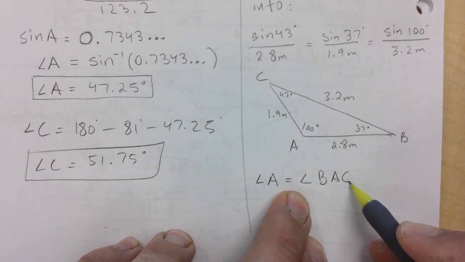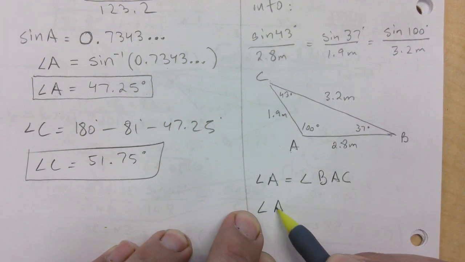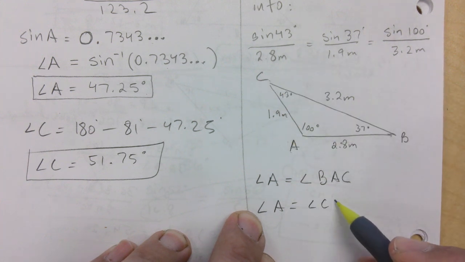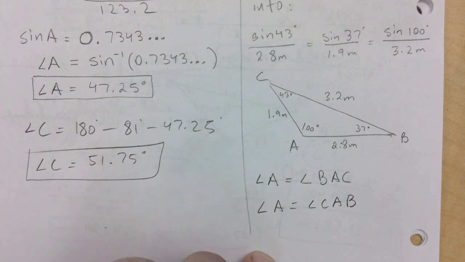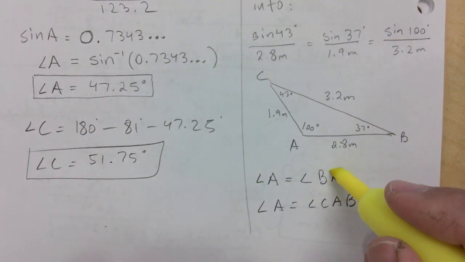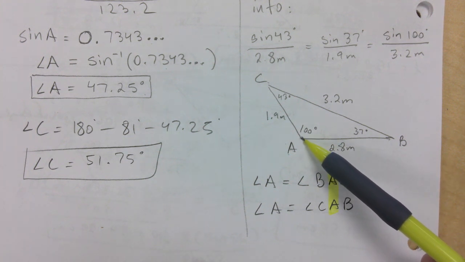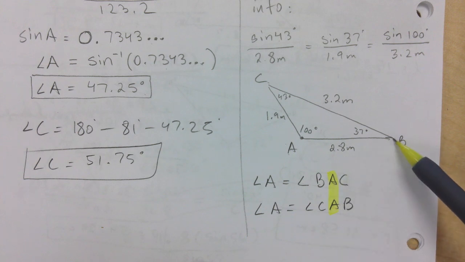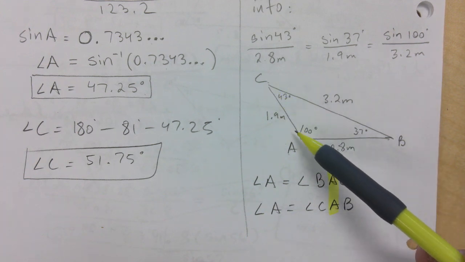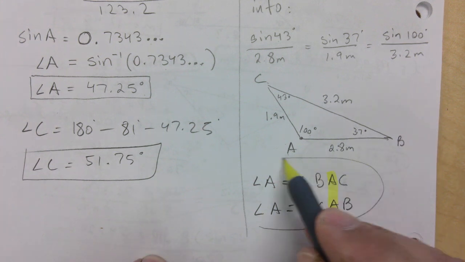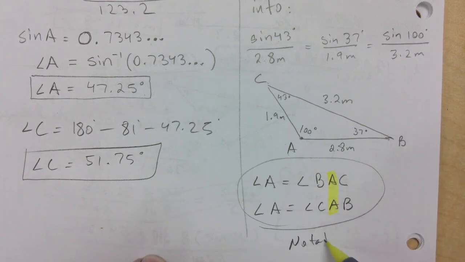I don't know why they do that complicated, but angle A could also be referred to as angle CAB. But notice that both times it's in the middle. So notice that the angle in question is in the middle, and it's just telling you which 3 points make up this angle. Okay, this is an important notation, right? Watch out for that notation.